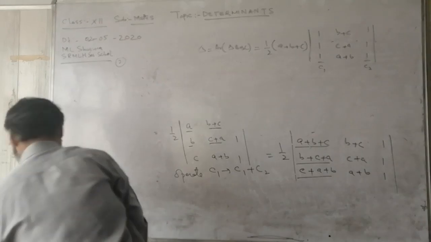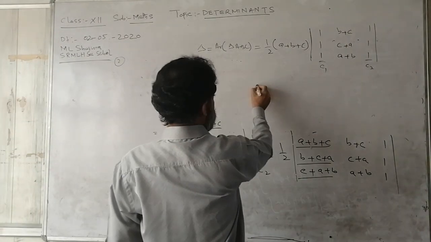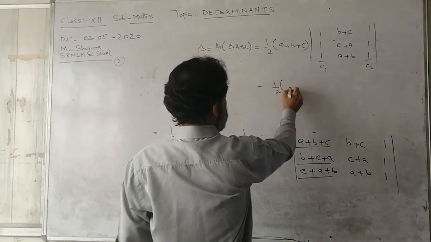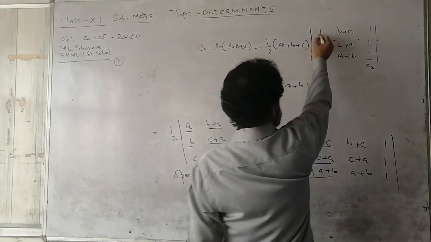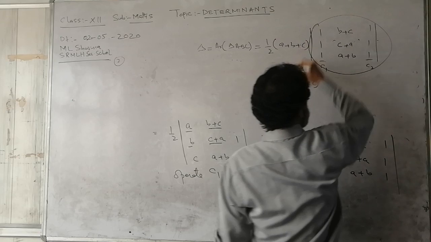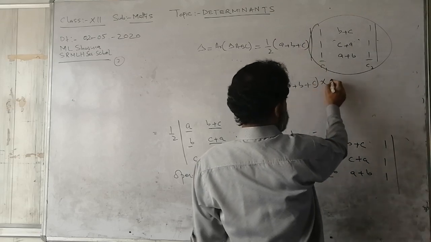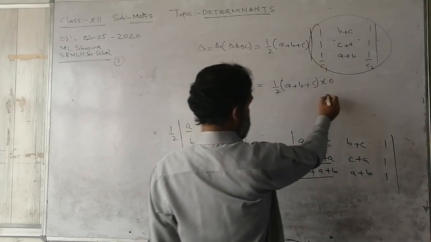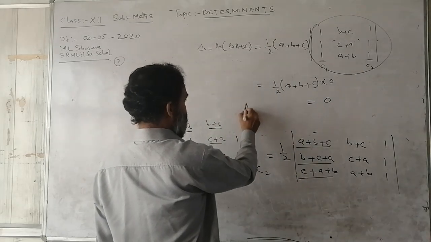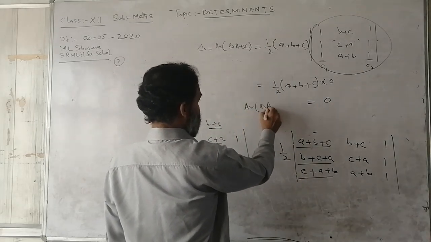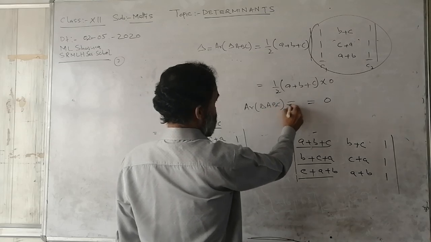So applying this property here, the value of this will become half A plus B plus C. This is the common factor, and instead of this I will write 0 here. So this whole term becomes 0. That means area of triangle ABC is equal to 0.